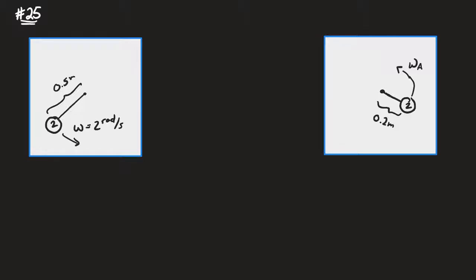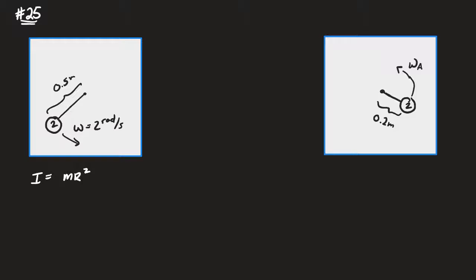In this case, our disk is a point mass. Now, you may not have written this down, but a point mass, which is a single object rotating about some axis, has a moment of inertia of mr squared.